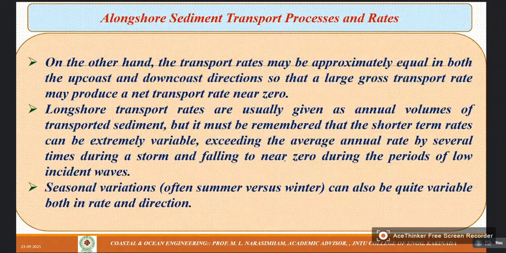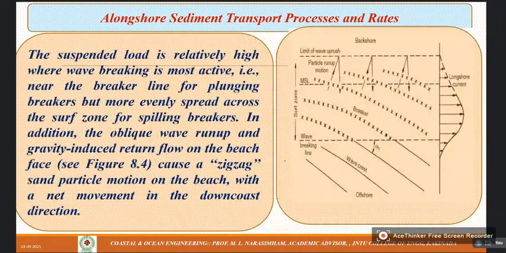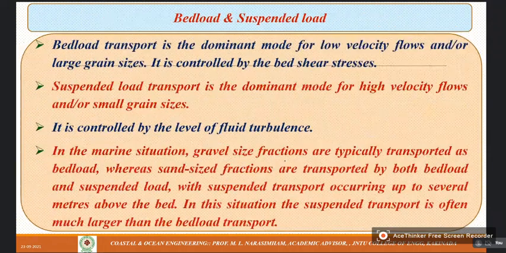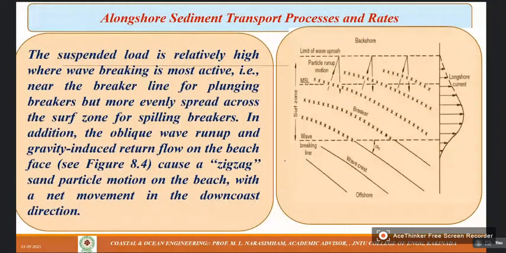Now, on the other hand, the transport rates may be approximately equal in both. The suspended load is relatively high where wave breaking is more active.